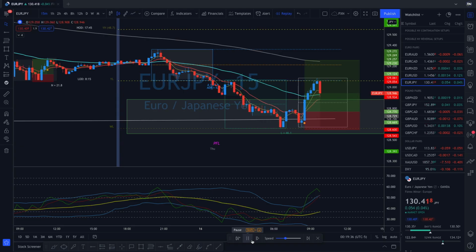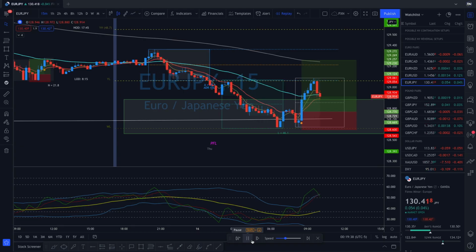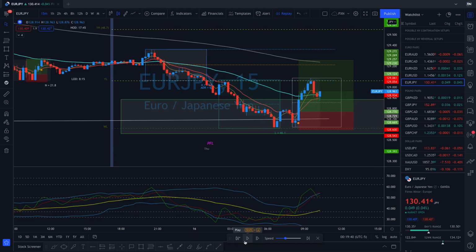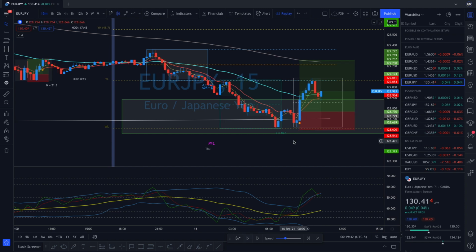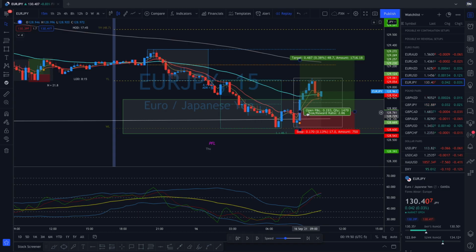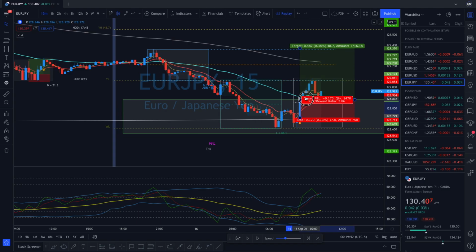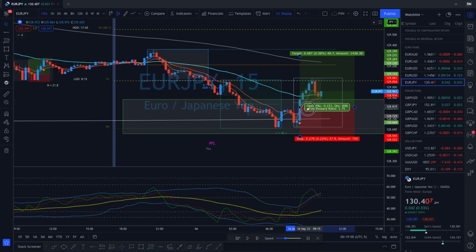this is why pullbacks are important, because it allows you to essentially get into the trade. If there's no pullback here, then the math for the risk just doesn't make sense. Like, this is a 27 pip risk. That's crazy. If you were trading gold or something, that's a different story.